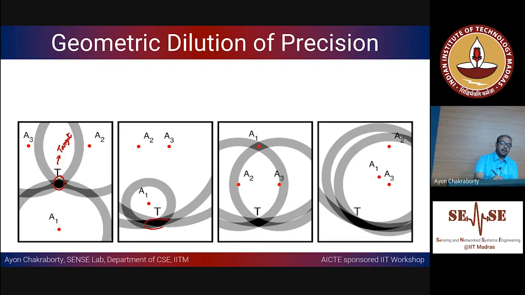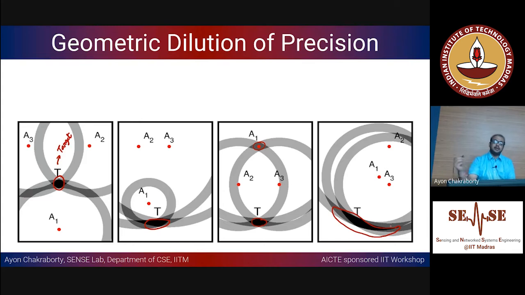This has become a little bit larger. In this case, there are two places, one a little bit on this side, one a little bit on that side, so it depends on where most of the circles intersect. And in the case of the fourth figure, a1, a2, a3, this is completely smeared up.